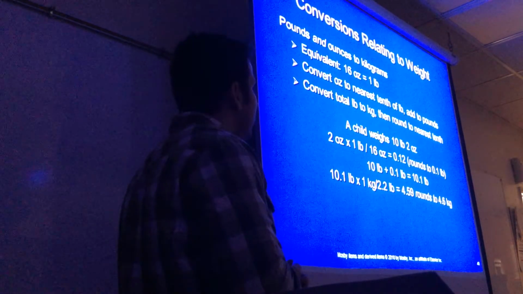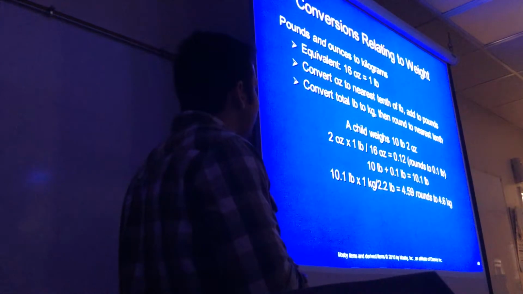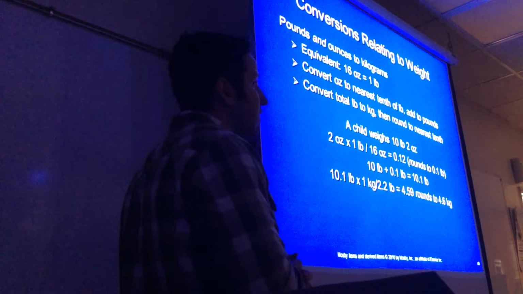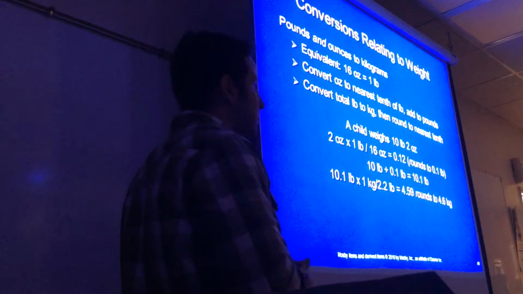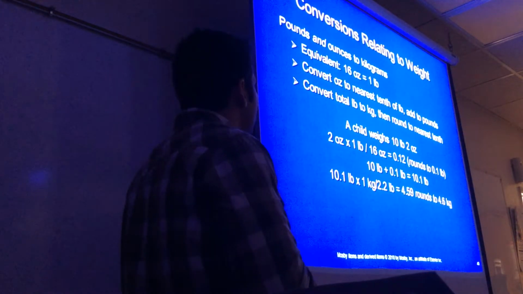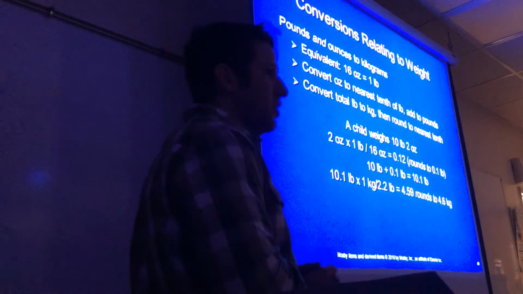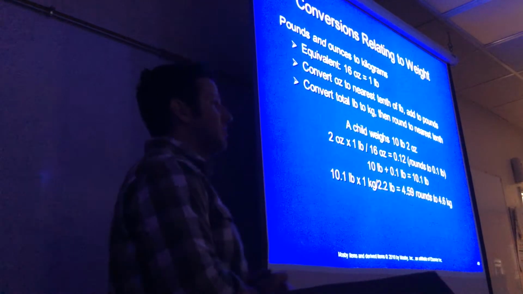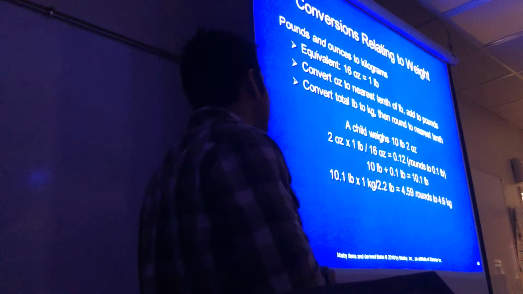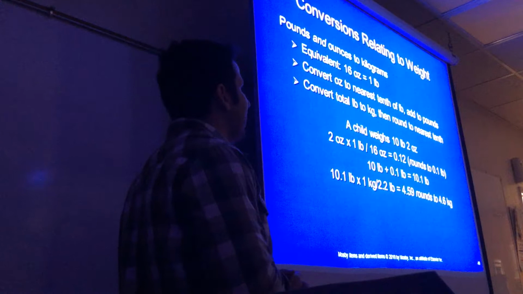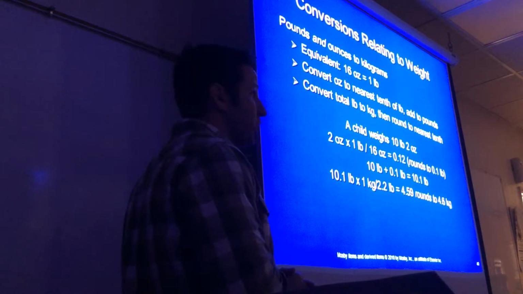It's 0.125, or I would round that to the tenth, right? So that would be 0.1. So 10 plus 0.1, so actually 10 pounds 2 ounces is 10.1 pounds. Now that I have everything in pounds, I can do my math: 10.1 divided by 2.2 gives you 4.59, or 4.6 kilograms, right?